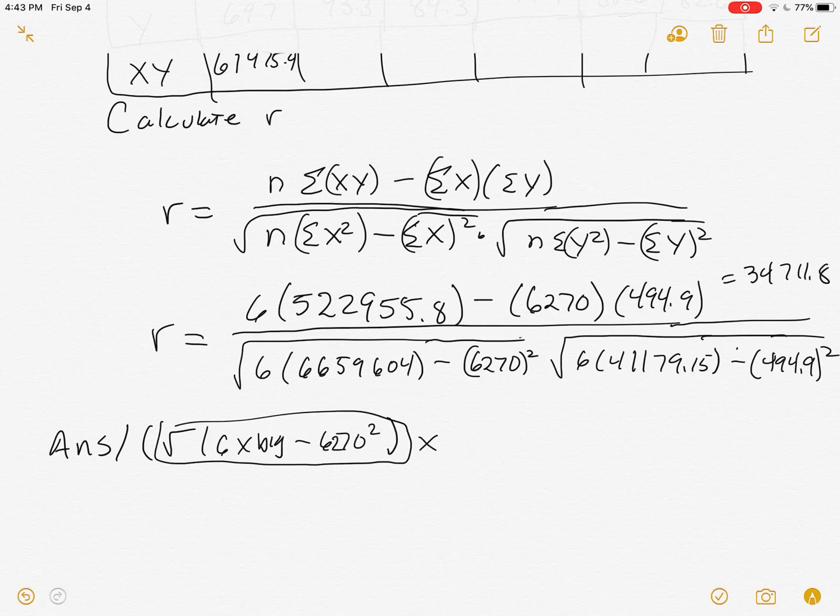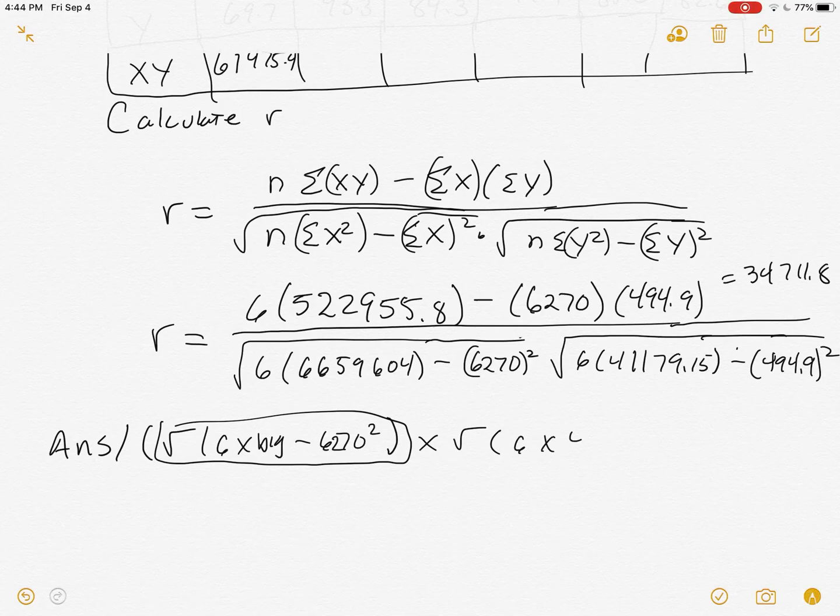Now I'm going to hit a times, and I'm going to get the square root again. Now my calculator looks like this. And now I'm going to hit 6 times 41179.15 minus 494.9 to the second power. Close that parenthesis, right?